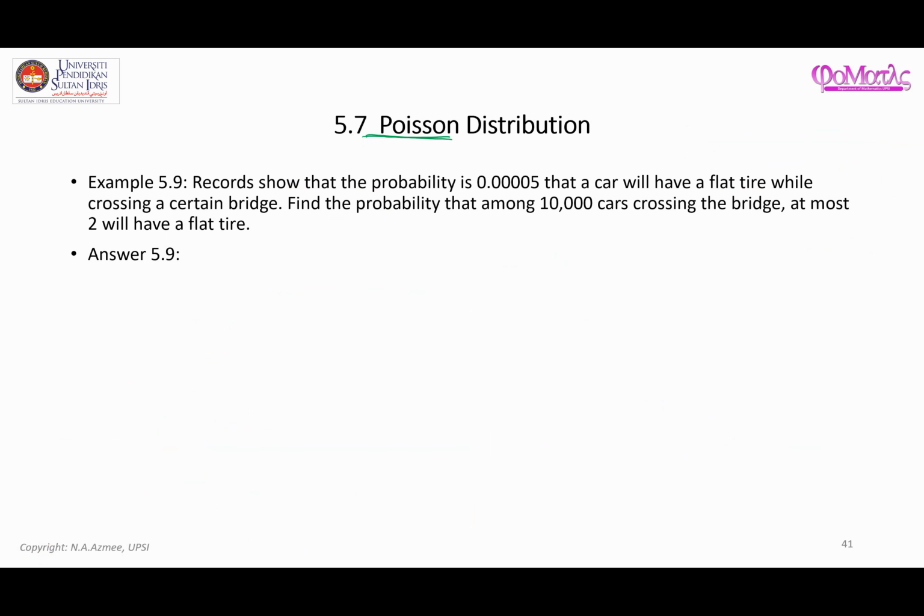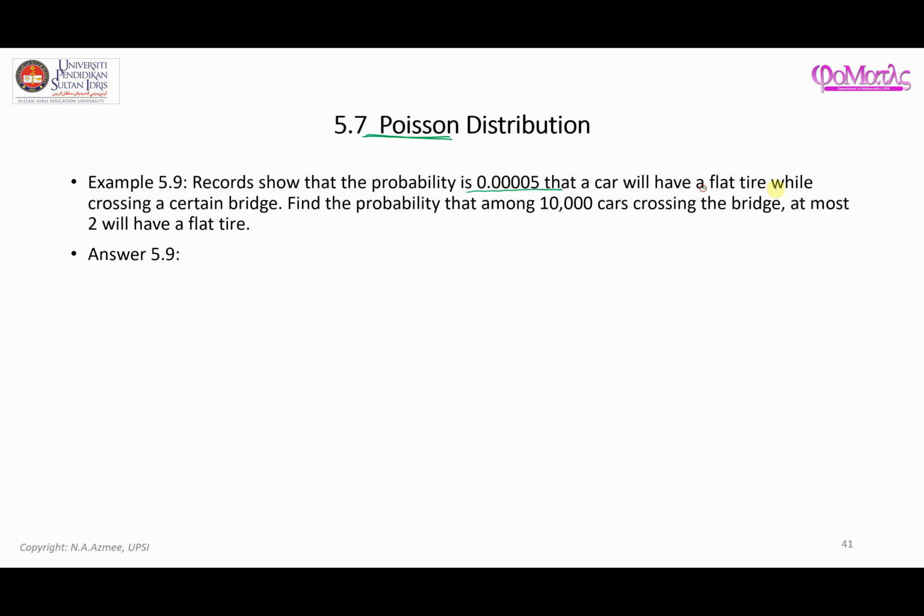If you want, you can try it on your own and see what the result is like if you apply the binomial formula. So here we have records showing that the probability is 0.00005 that a car will have a flat tire while crossing a certain bridge. Find the probability that among 10,000 cars crossing the bridge, at most 2 will have a flat tire.